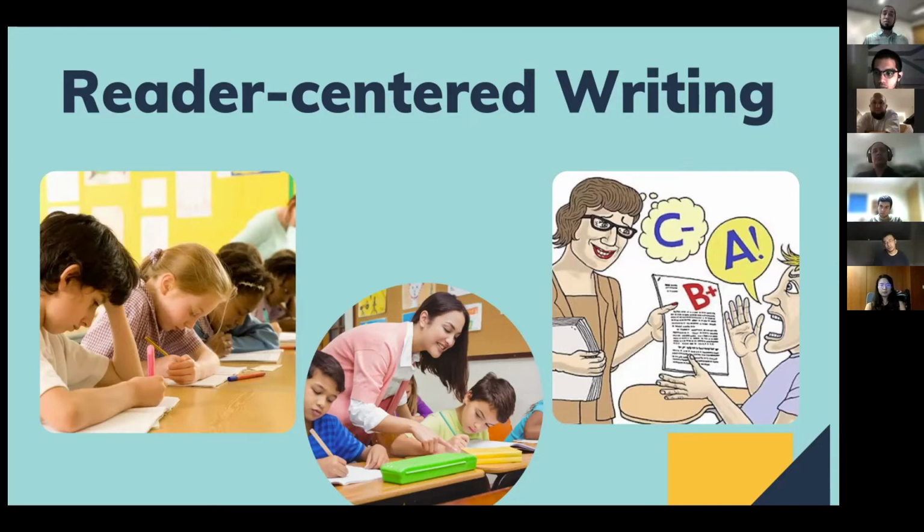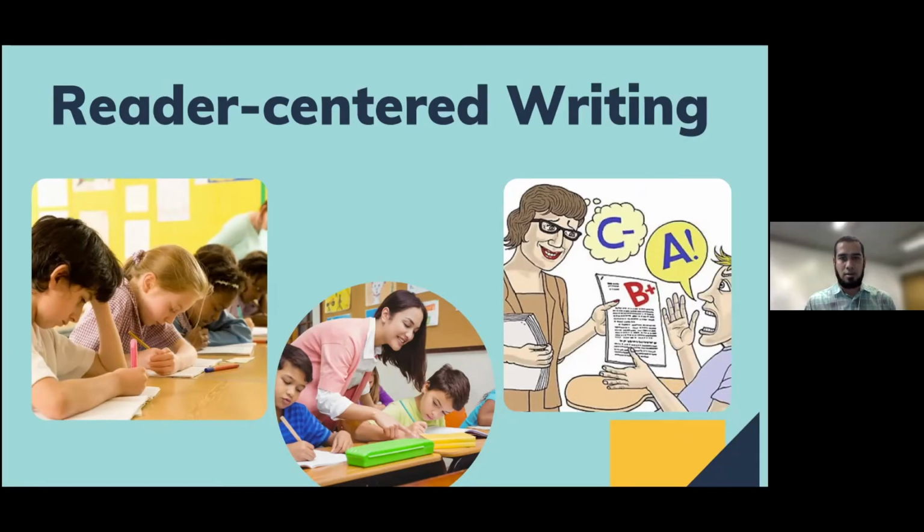That task of demonstration is no longer valid, because our readers actually know very little, almost nothing about our work, right? But thinking about that teacher or that red pen in the sky, we're still in that mode of writing, that we are still trying to demonstrate our work to somebody, right?